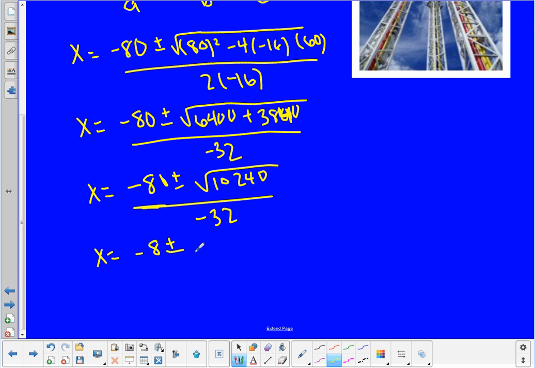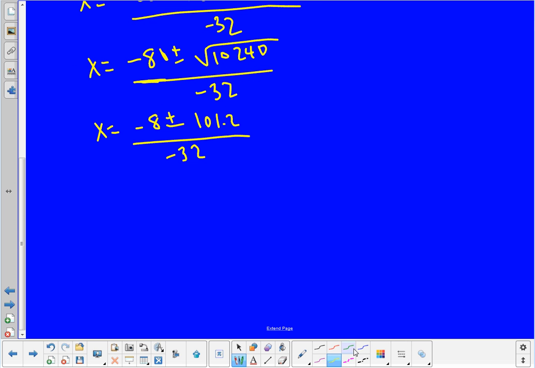And then take the square root of that 10,240, and I got 101.2 all over negative 32. So now you're ready to split. Once you take that radical, you're ready to split. So here is my plus or minus. I'm going to split it into two pieces. That's negative 80 plus 101.2 over negative 32, and negative 80 minus 101.2 over negative 32.